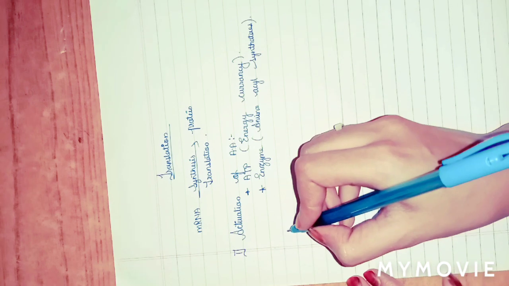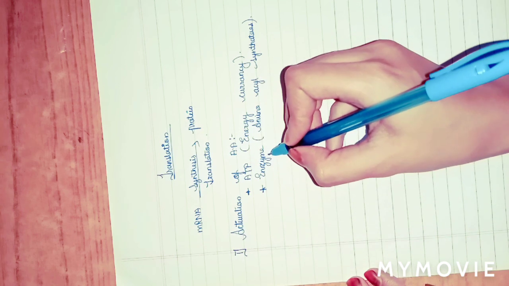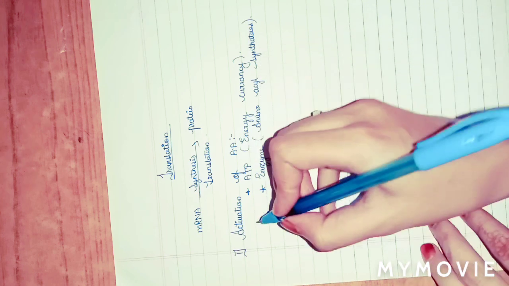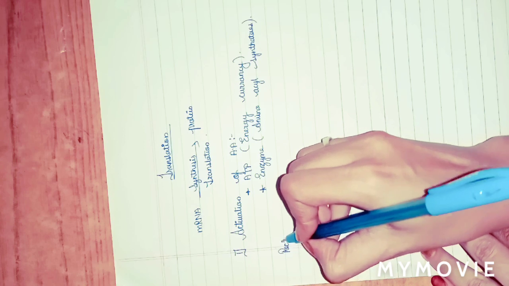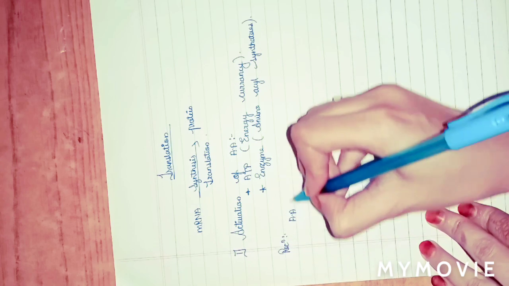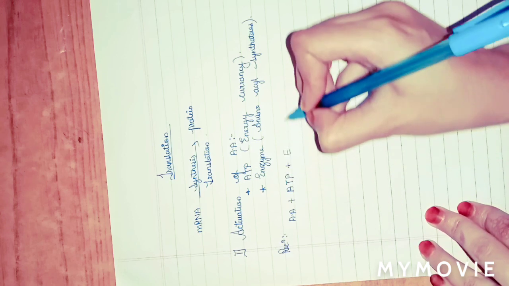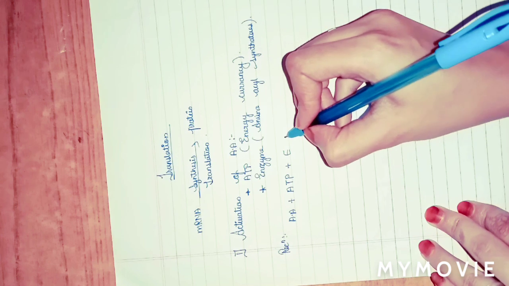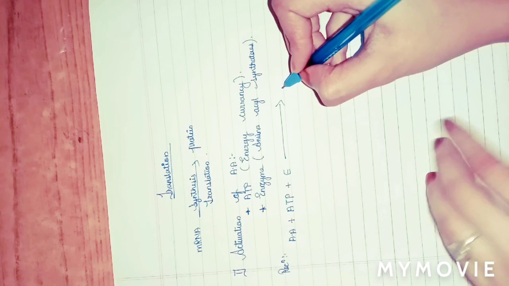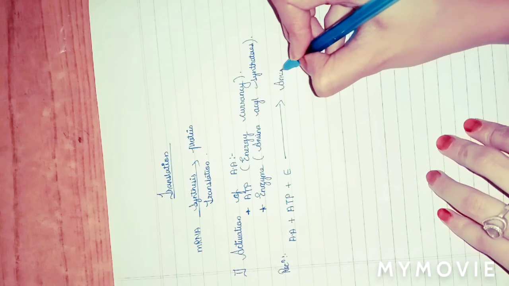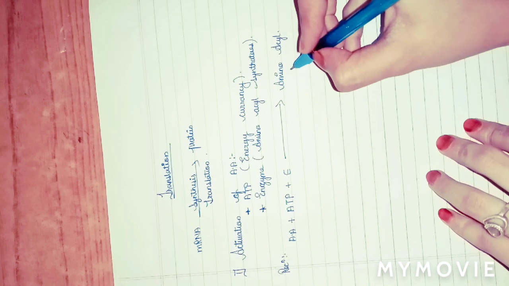Now the reaction takes place: amino acid, ATP plus the enzyme complex form an activated amino acid. Reaction: amino acid plus ATP, adenosine triphosphate, plus enzyme amino acyl synthetase, then forms activated amino acid, which we call amino acyl. Amino acyl is an activated amino acid.